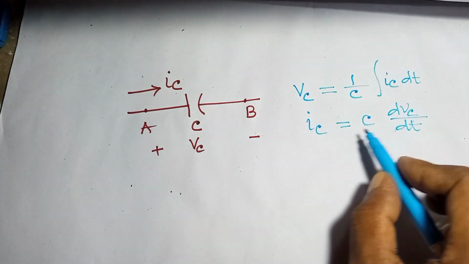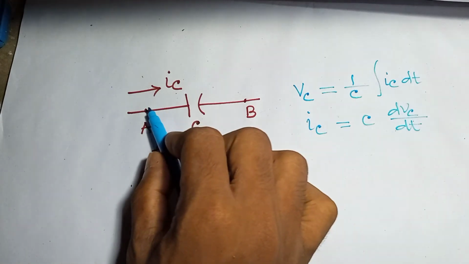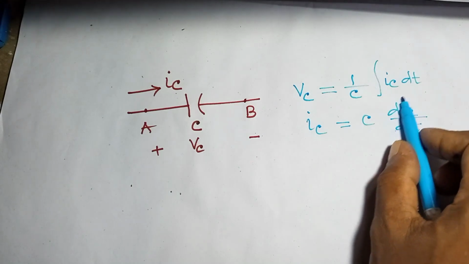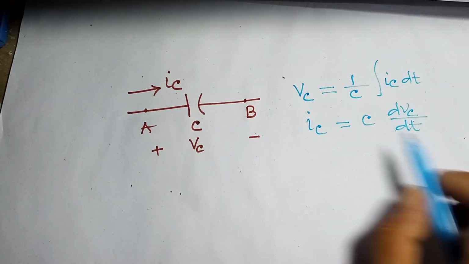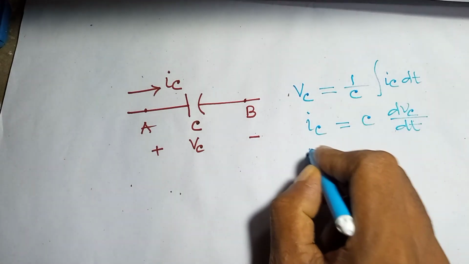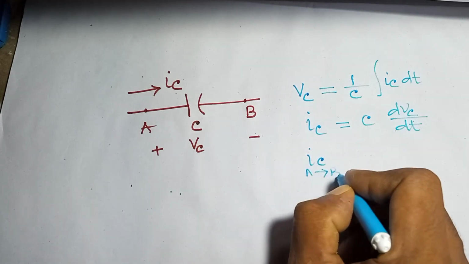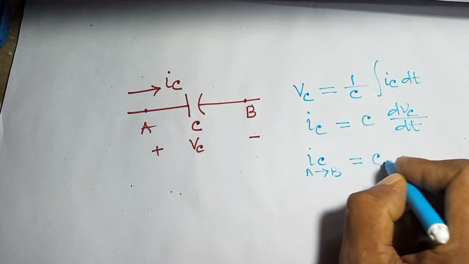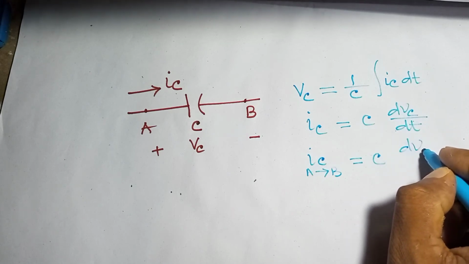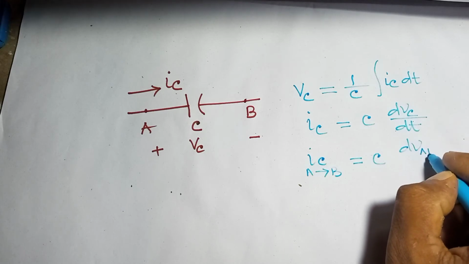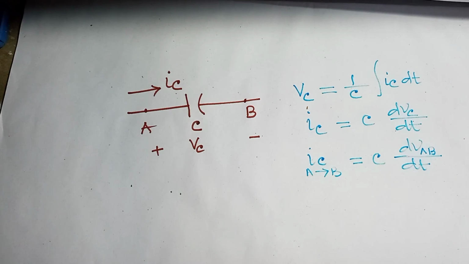Again you have to keep in your mind that if you want to find out the current which is flowing from A terminal to B, then you have to differentiate the voltage which is VA minus VB. So this can also be written like this: I_C, if I am trying to find A to B, then I have to differentiate the VAB voltage with respect to time.